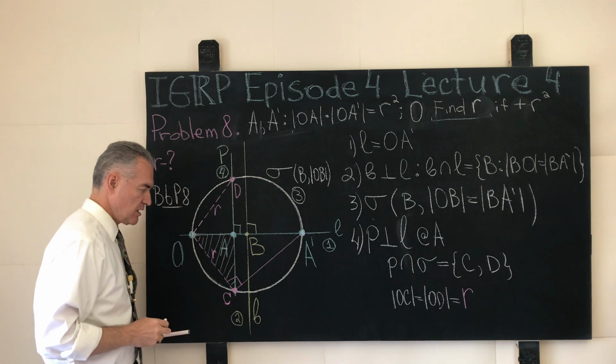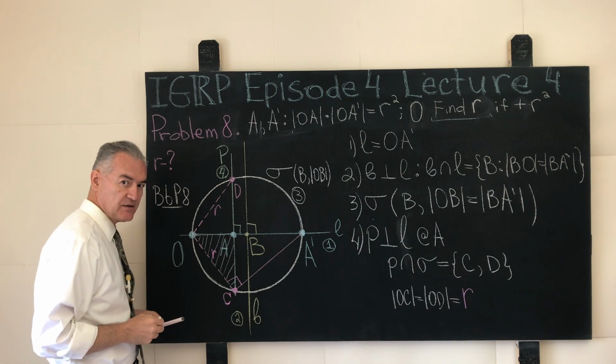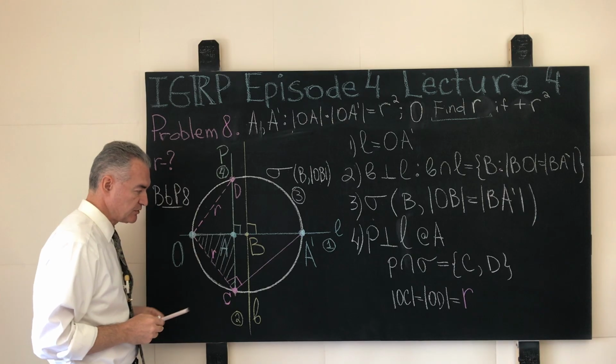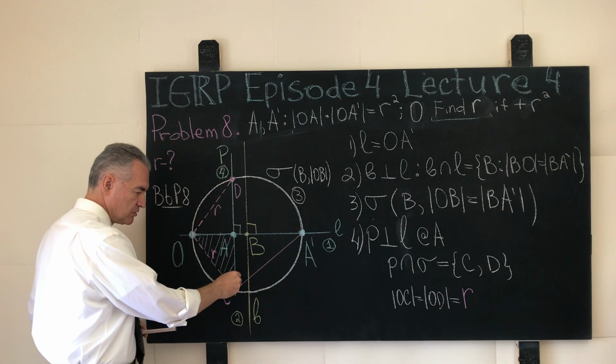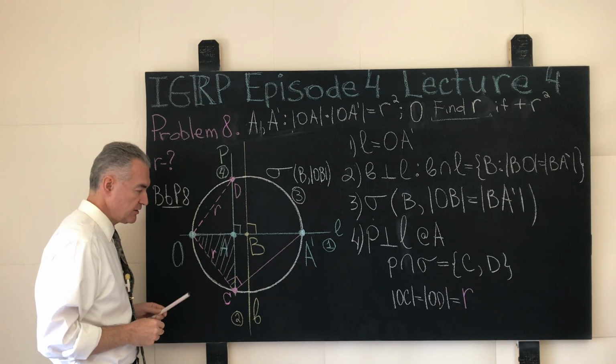In equiangular triangles, as Euclid puts it, or in similar triangles, the lengths of the sides that subtend equal angles are in the same proportion.